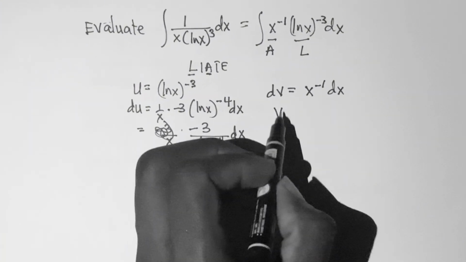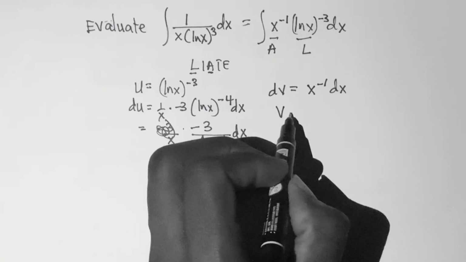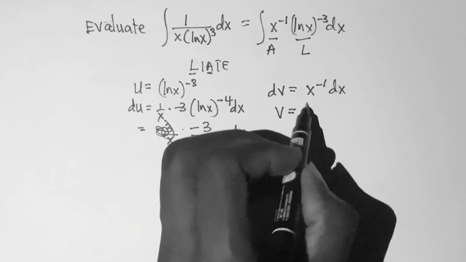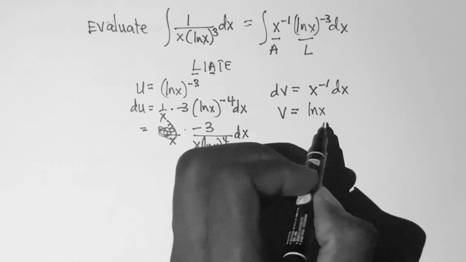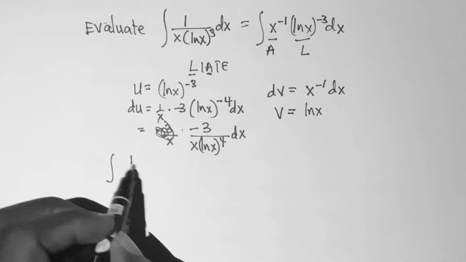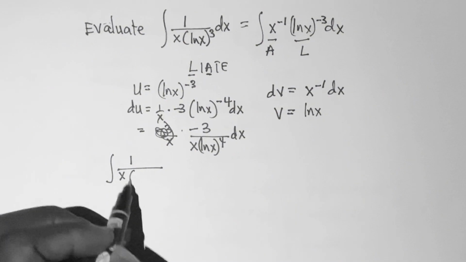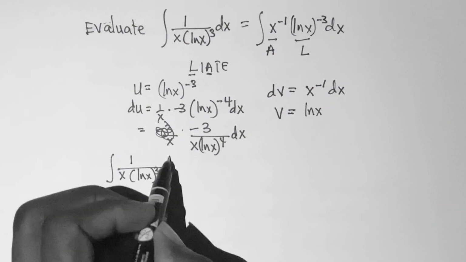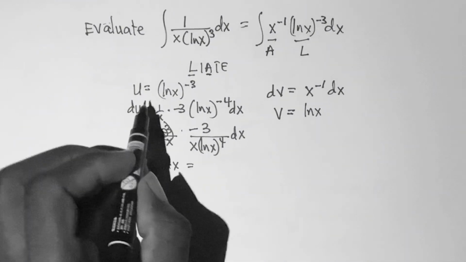So if you integrate this, v is equal to, if you integrate 1 over x, it is the same as natural log of x. So the integral of 1 divided by x times natural log of x cubed dx is equal to uv.